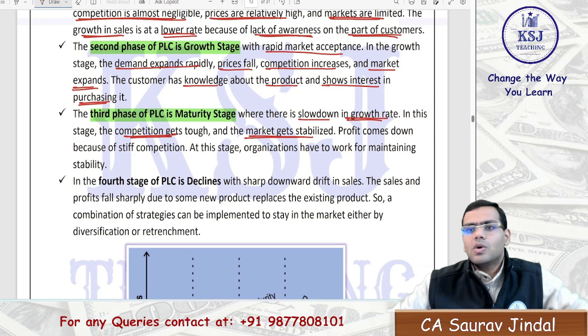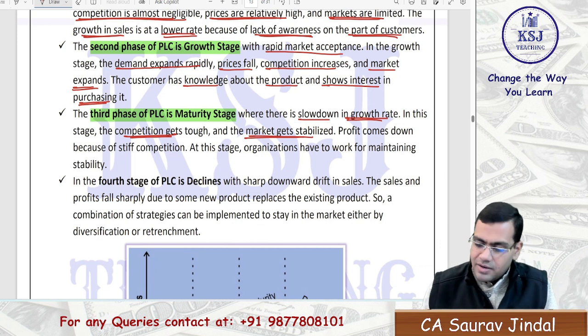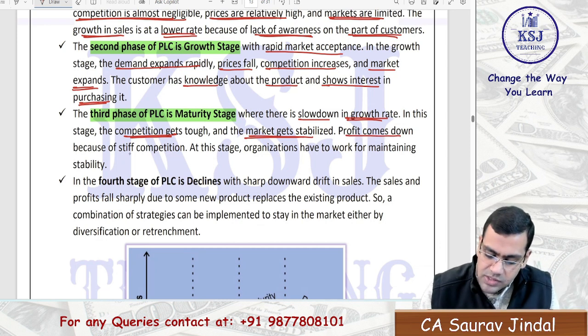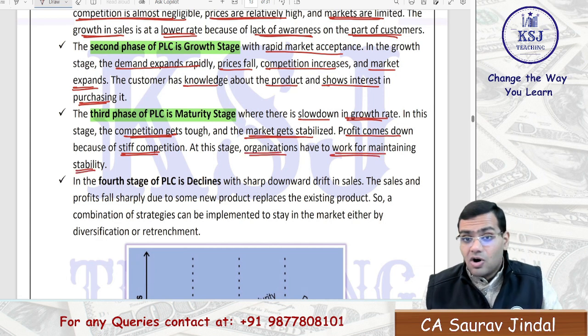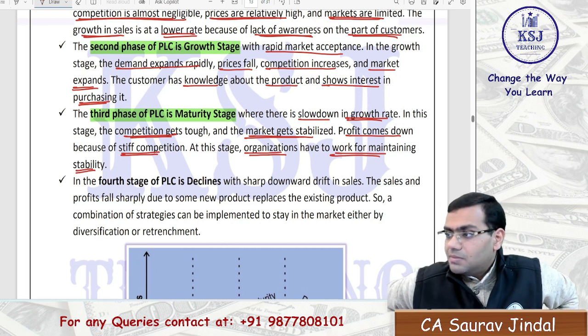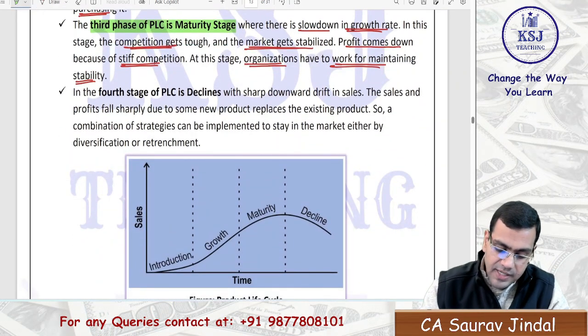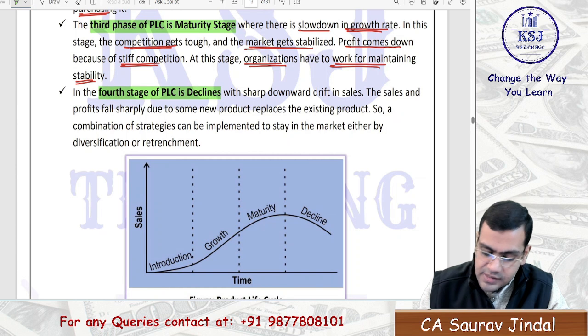There are no new customers joining you. The old customers are coming to you. They are buying little. Right? The profit comes down because of the stiff competition. At this stage, the organizations have to work for maintaining the stability. The organizations will have to put in some extra effort if they want to maintain the stability during this particular stage, right? The fourth stage is the declining stage.